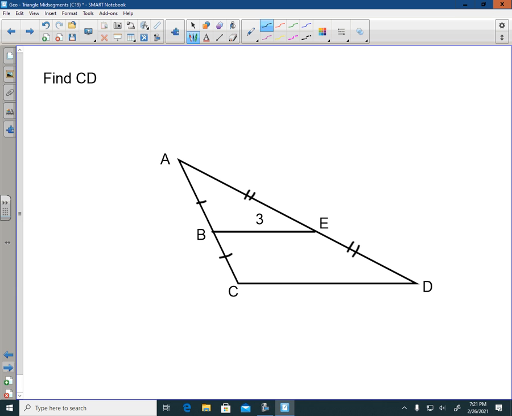That means that BE is parallel to CD, but that's not really going to help us find the length of CD. We need the second part, which says that the midsegment is half as long as the third side. In other words, if you take this 3 and multiply it by 2, you're going to get CD, which is 6. Alrighty?